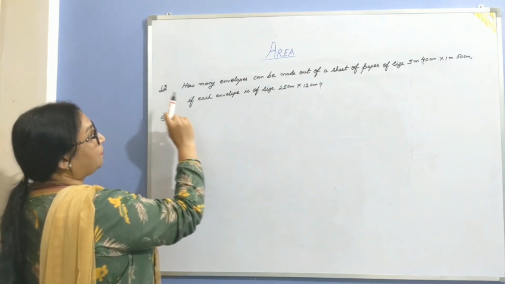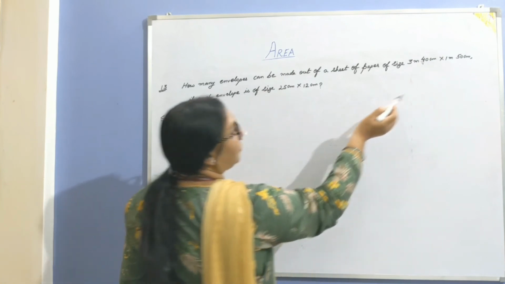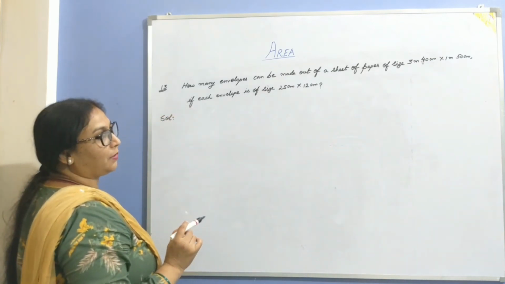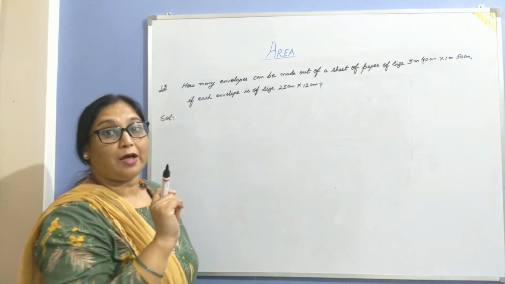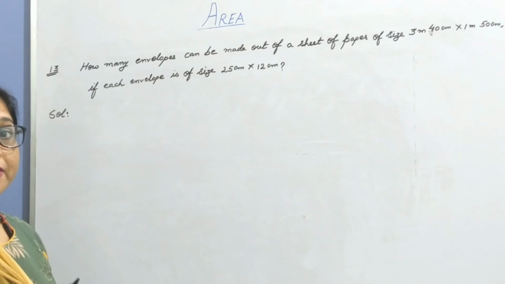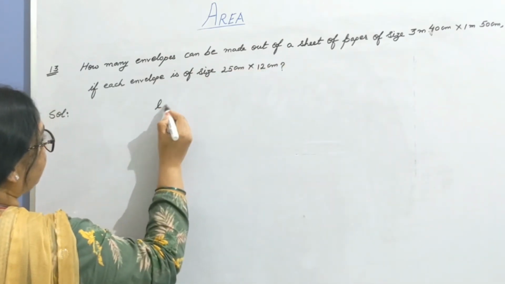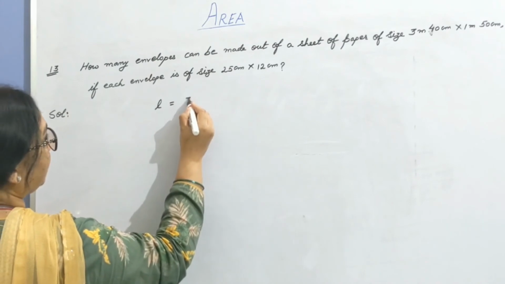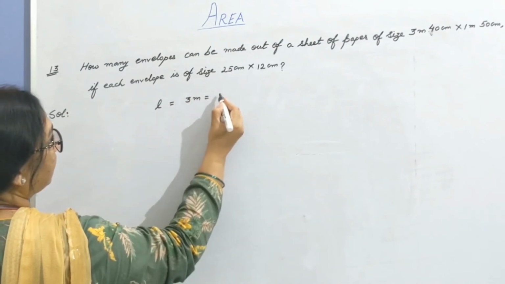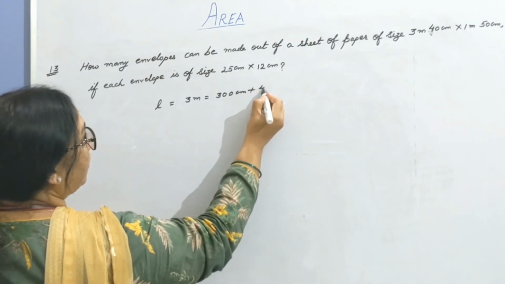Same way, the sheet of paper, its length is 3 meter 40 centimeter and the breadth is 1 meter 50 centimeter. As the units are not same, so children, you have been explained that whenever such question comes, first step is to convert them into same units. So let us change the length of the sheet into centimeter. 3 meter means how many centimeter? 300 centimeter plus 40 more.